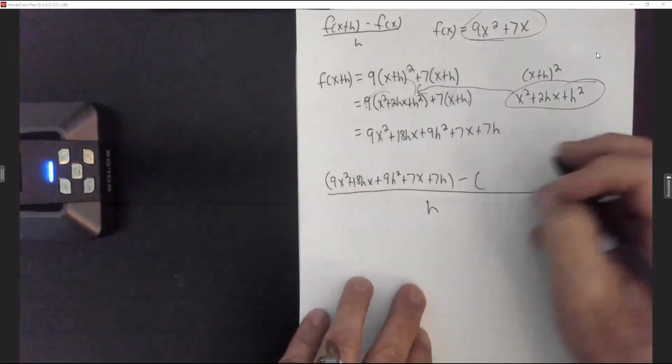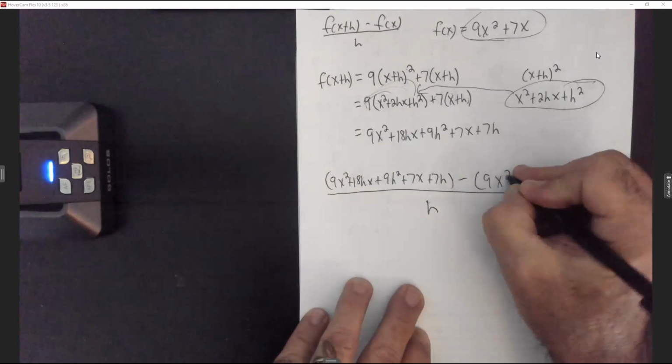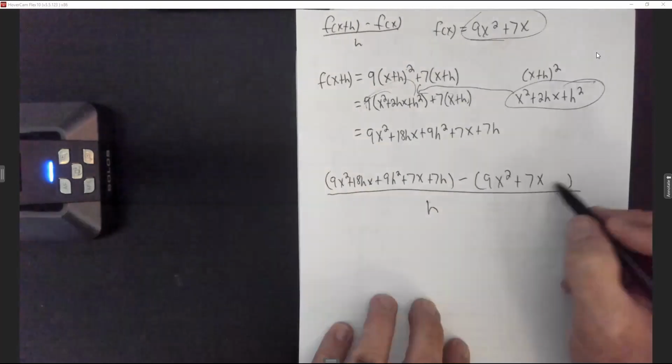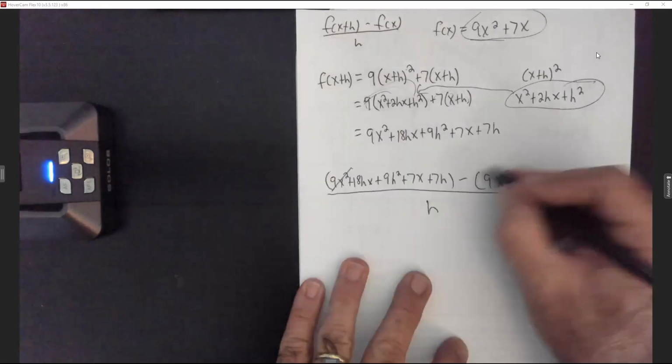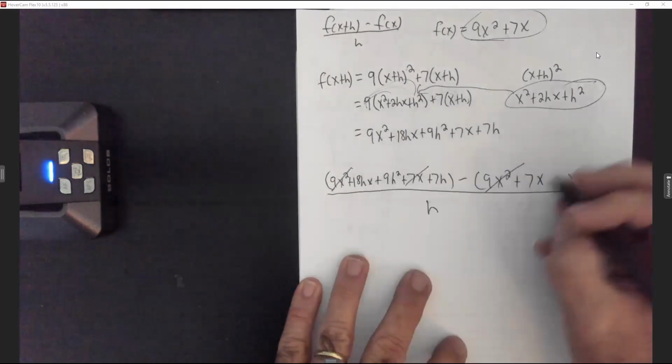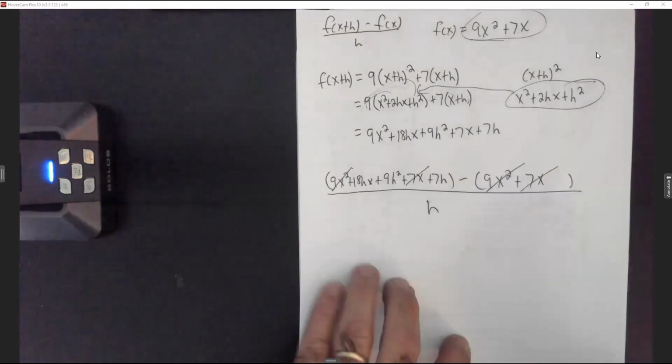Now f of x they gave me, that was 9x squared plus 7x. And remember, both of these are being subtracted. So 9x squared minus 9x squared cancels. You got a 7x here minus 7x cancels.